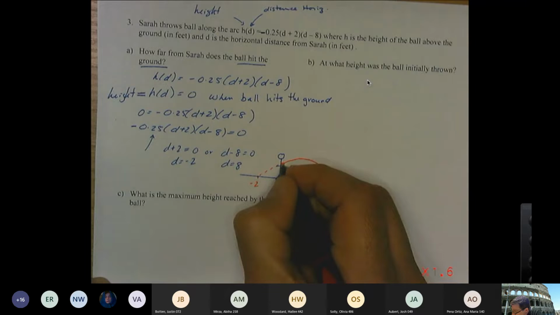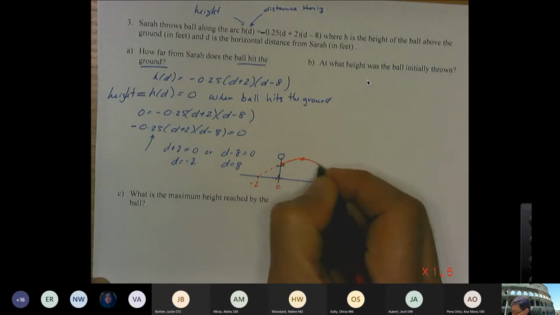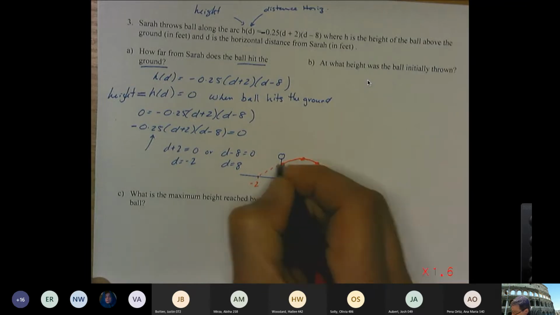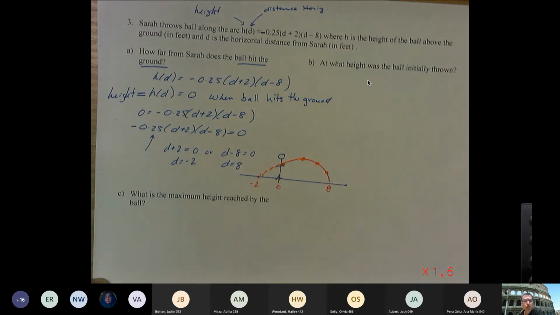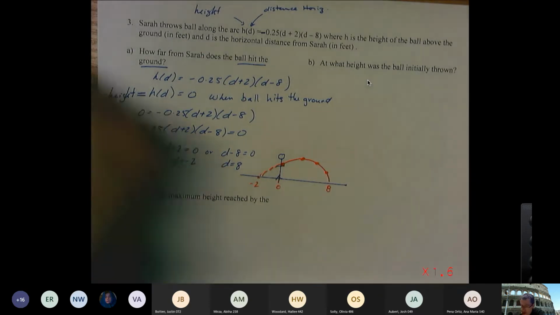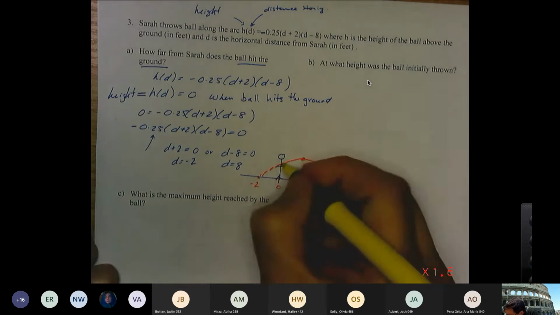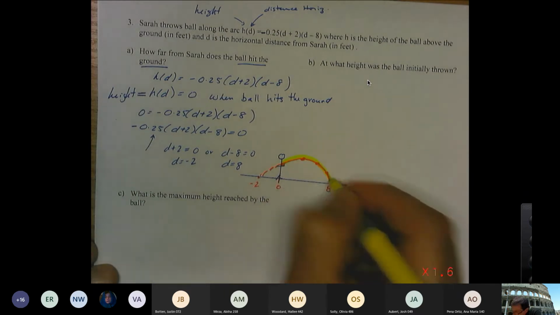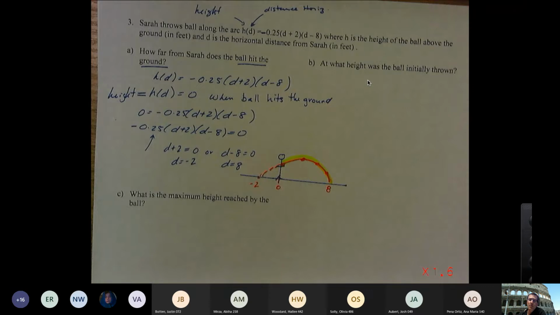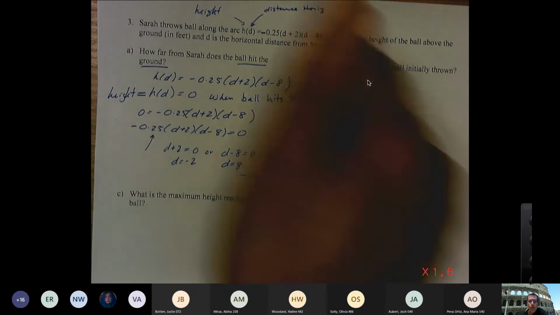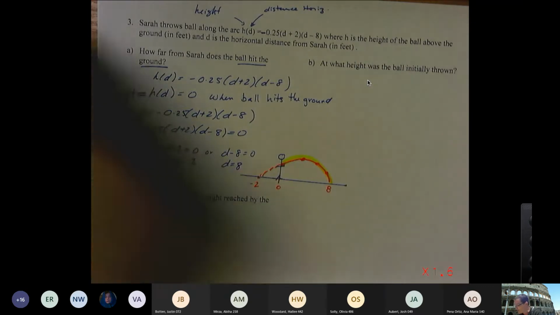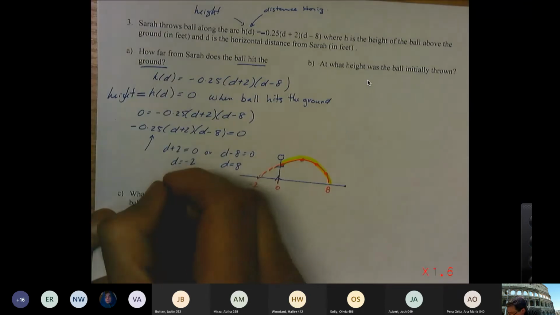Now, the ball doesn't actually go that way. The ball actually goes like this. But the math doesn't know that. You're solving for the entire parabola. So the part that's not highlighted is part of the math, but it's not part of what's happening in the problem. So we omit this. We say omit.